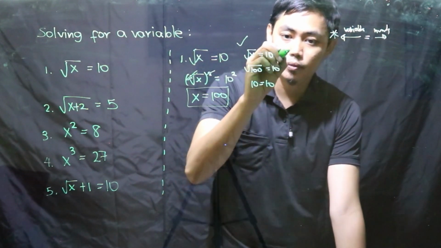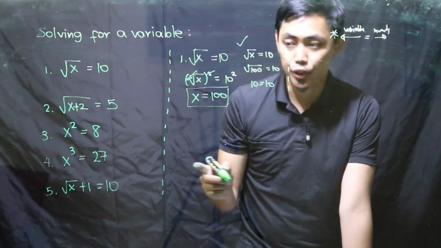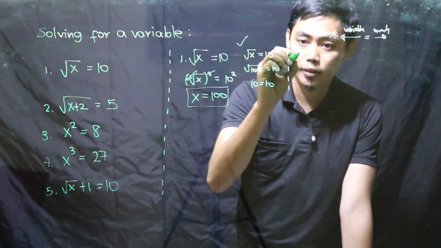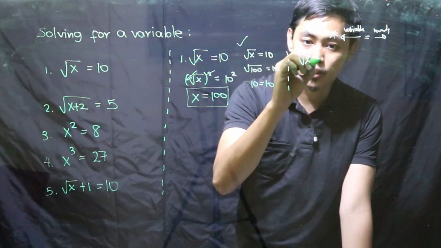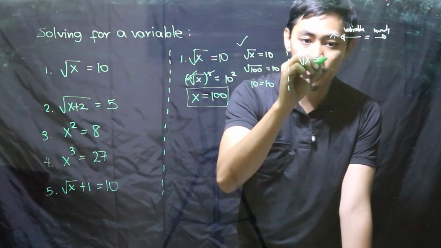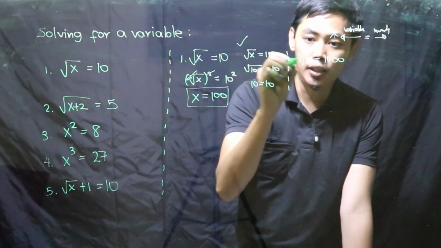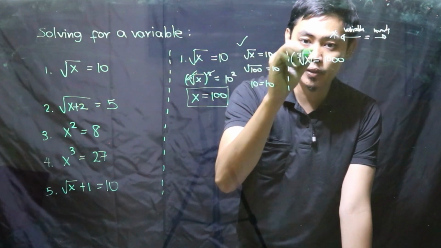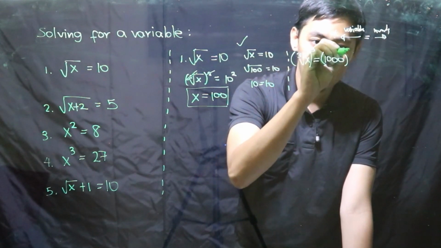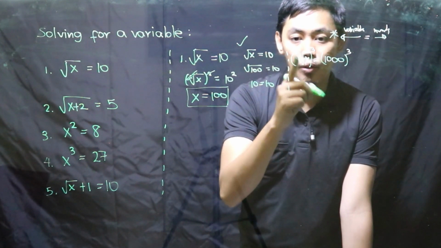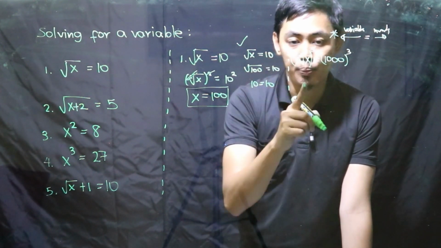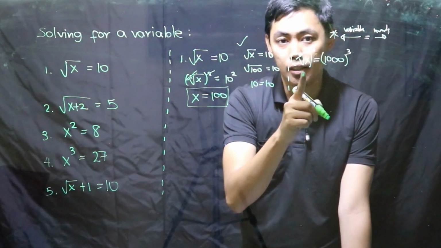Now, what if it is a cube root? If it is cube root of x is equal to, shall we say, 1000, then you will need to raise it to the power of 3. Why? It is because it is the only way that we can cancel the radical symbol on the left side.